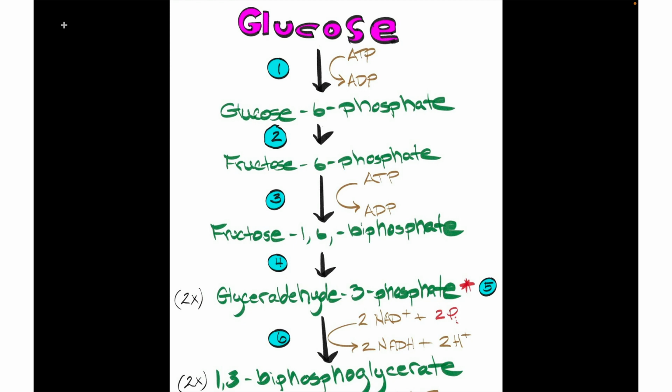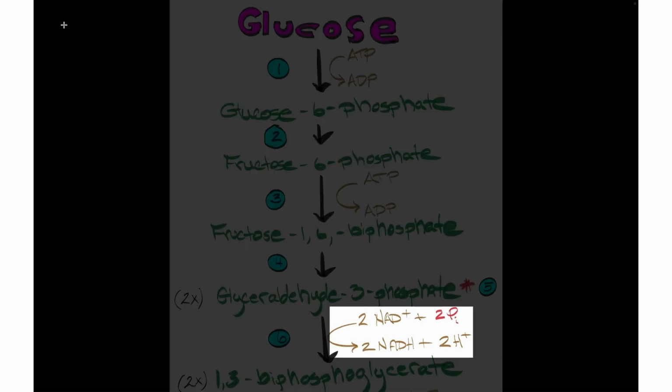Glyceraldehyde 3-phosphate in step 6 is going to be converted to 1,3-biphosphoglycerate. And in that process, 2 NADH molecules are going to be produced. The 2 NADH and the 2 protons that we see right here.